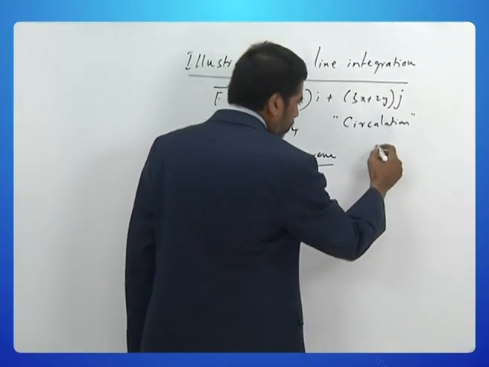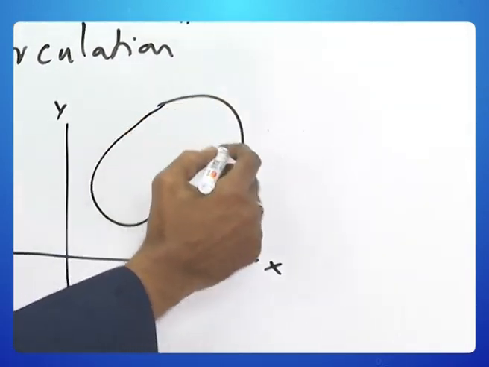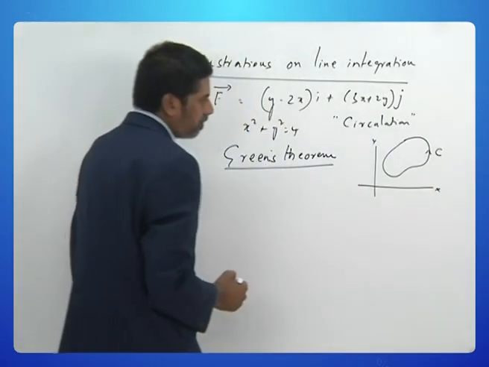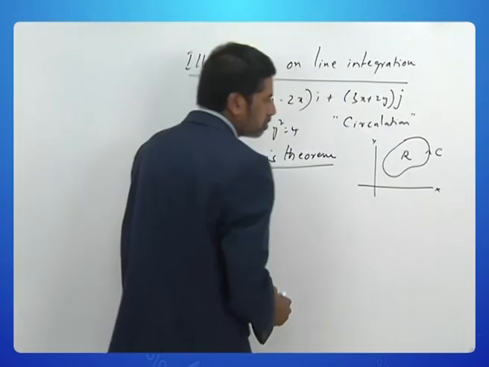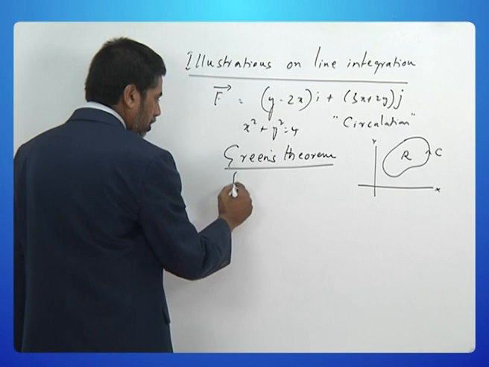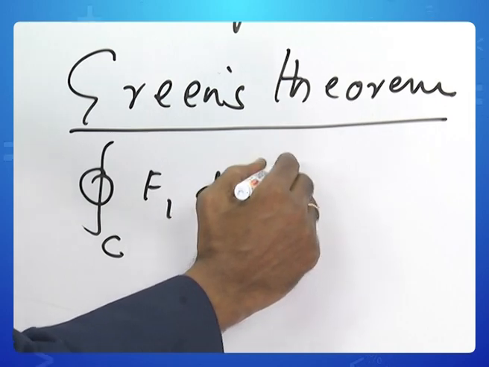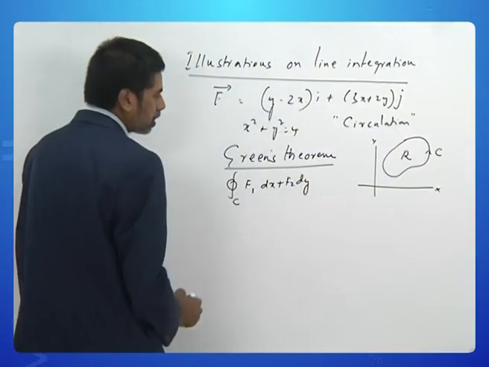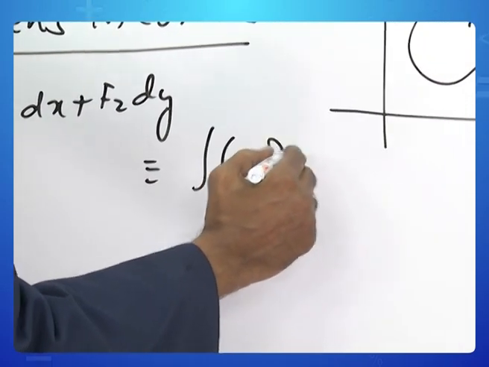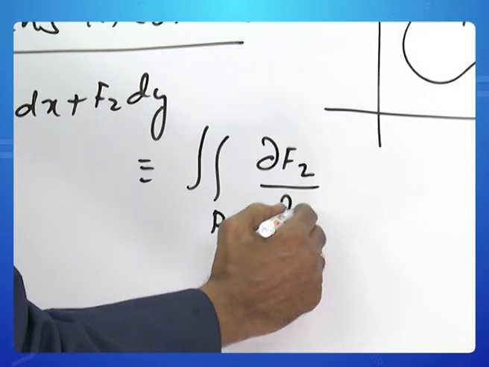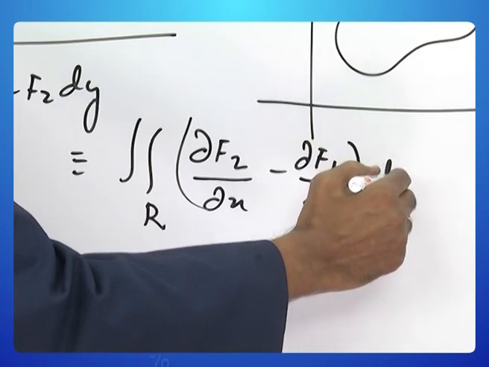It says, in the xy plane, if you have a simple closed curve which encloses a region R, the closed line integral of f1 dx plus f2 dy is identically equal to the double integral over R of (dou f2 by dou x minus dou f1 by dou y) dx dy.